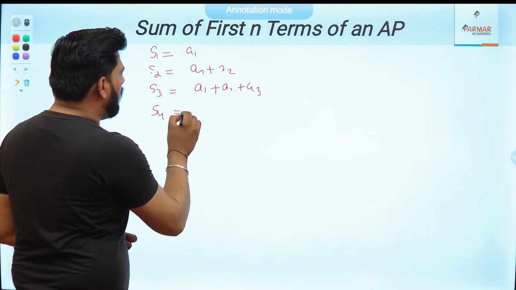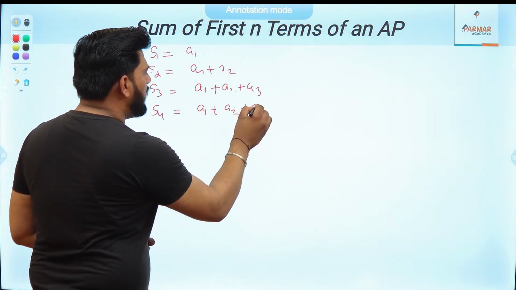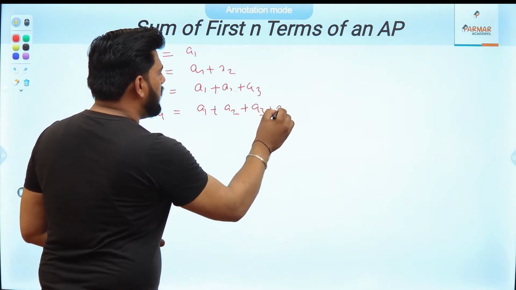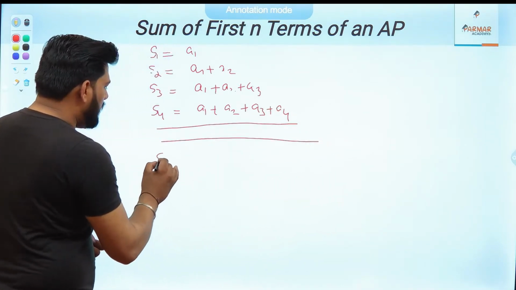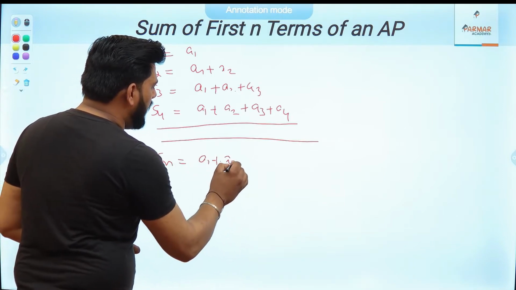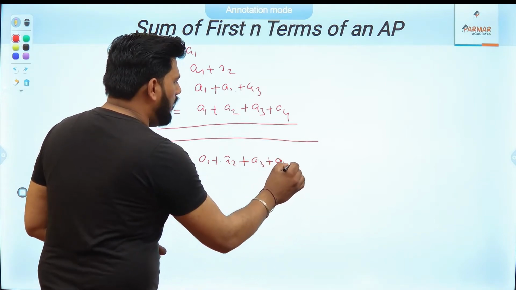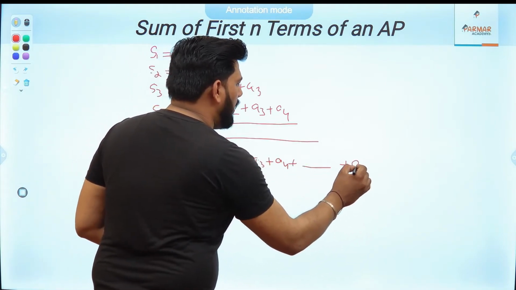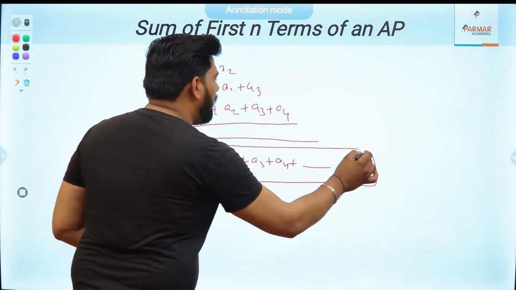S4 means the sum of first four terms, that is A1 plus A2 plus A3 plus A4. Similarly, Sn means the sum of n terms, that is A1 plus A2 plus A3 plus A4 and so on up to the nth term. This is called the sum of n terms.